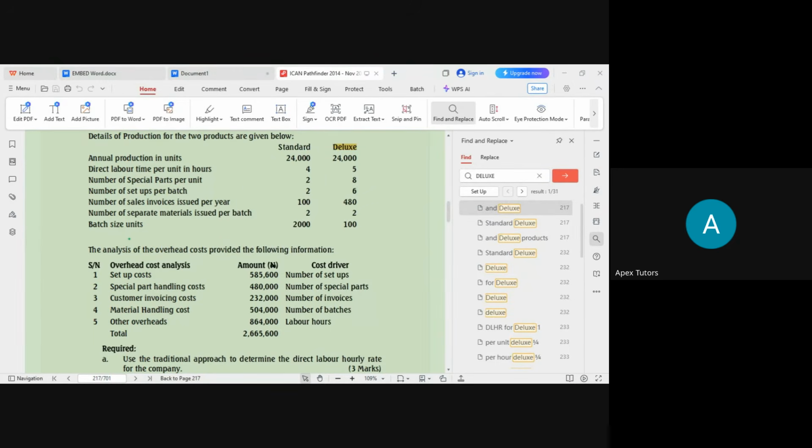All right, let me just go straight to the question I need to ask. For other overheads, the cost is 864,000. So how do we get the cost driver rate now for other overheads?